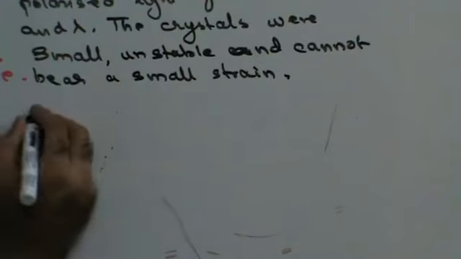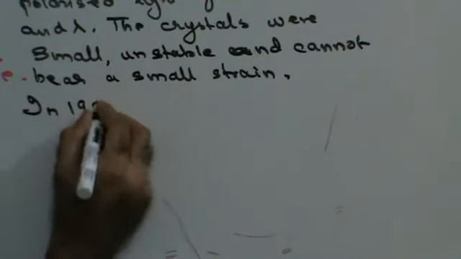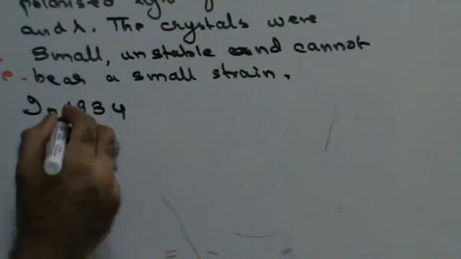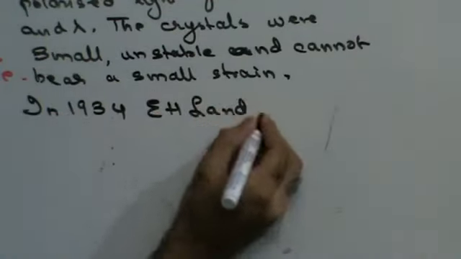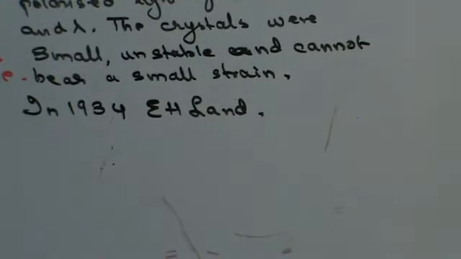So in 1934, you had a scientist by the name E. H. Land. That was 1852, this is 1934.